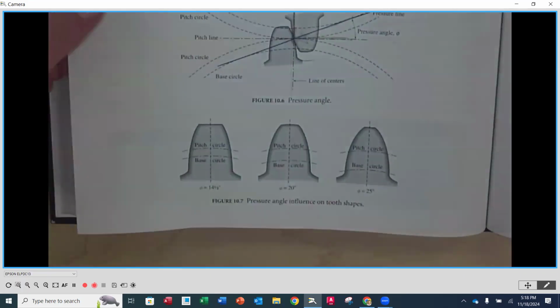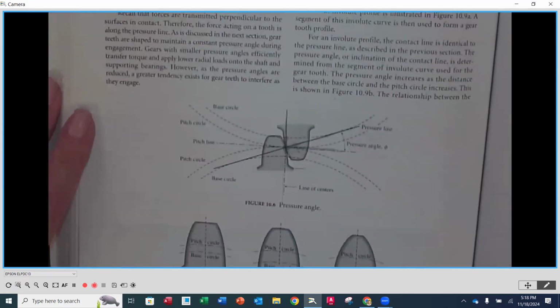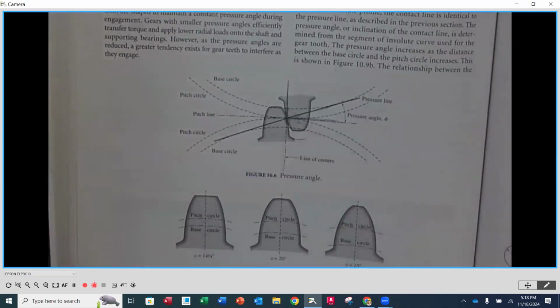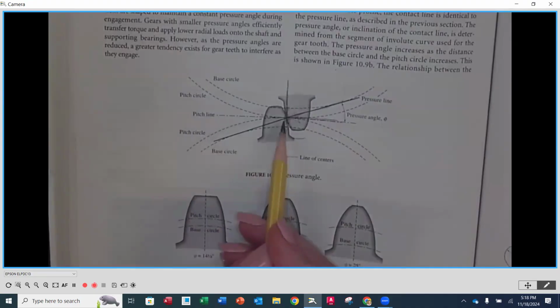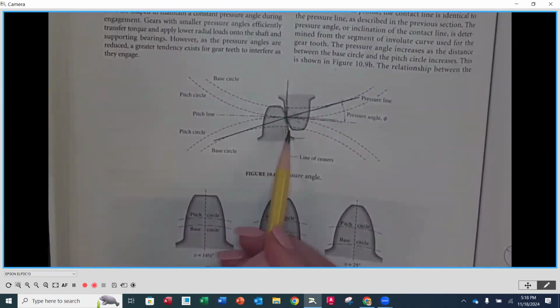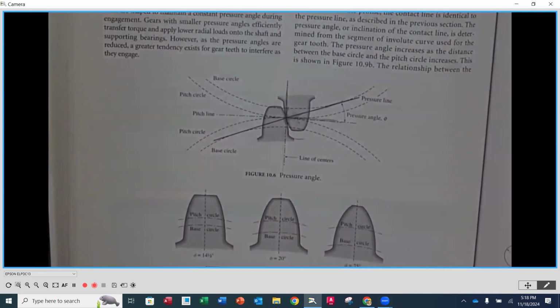A couple of pages on, on page 264, we see one tooth coming in to the other. They engage on their pitch diameters. Notice that the addendum is never going to extend or touch the bottom or the root, the dedendum, of the mating gear tooth.